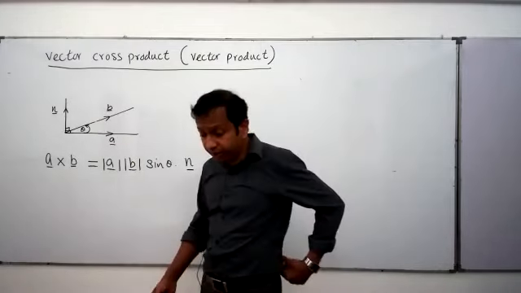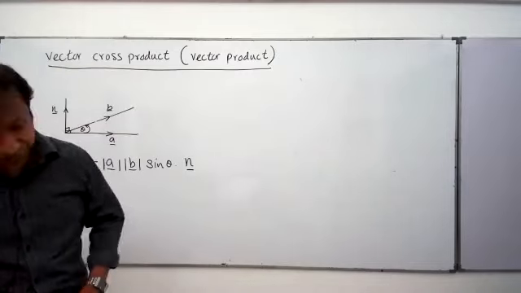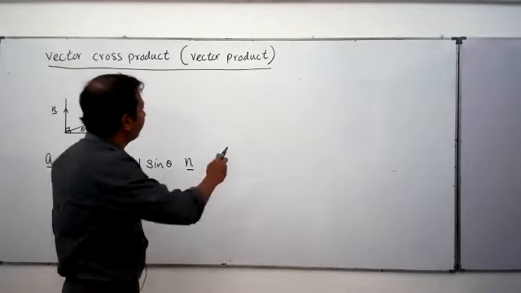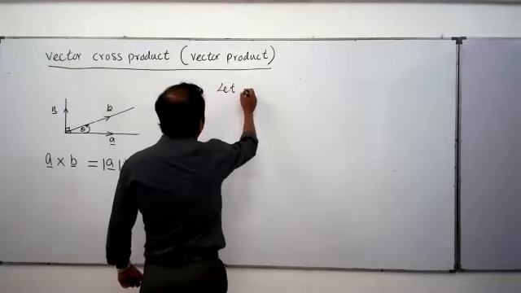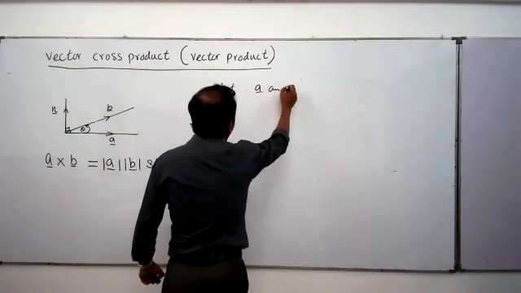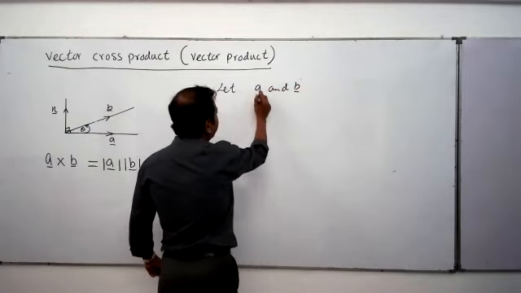Write down: let simple A and simple B, they are vectors. Underline them.